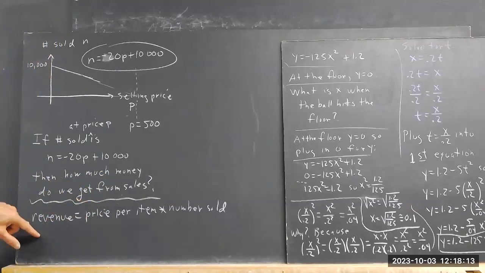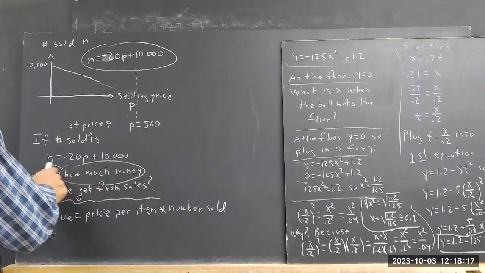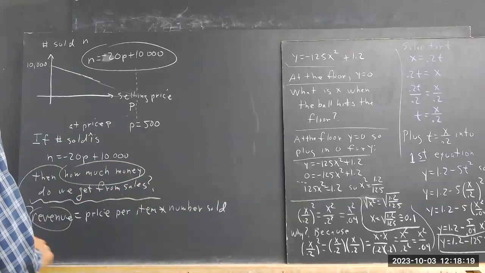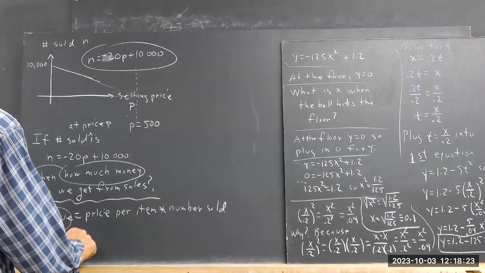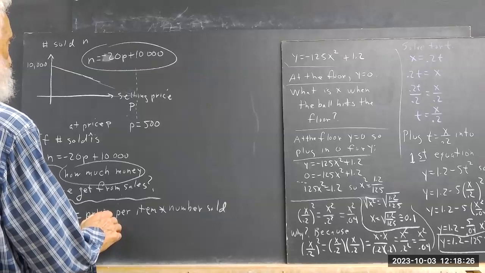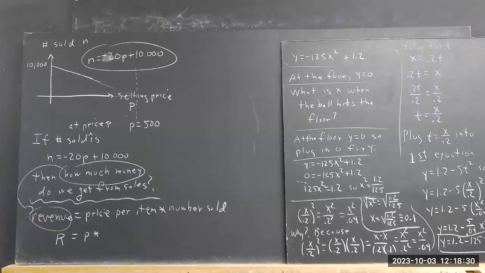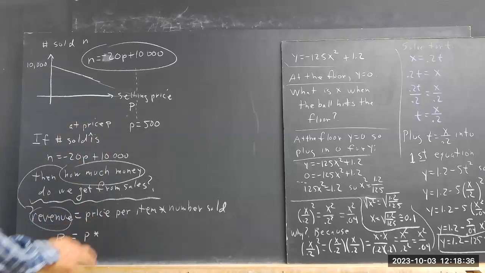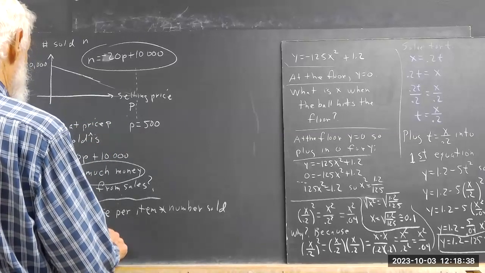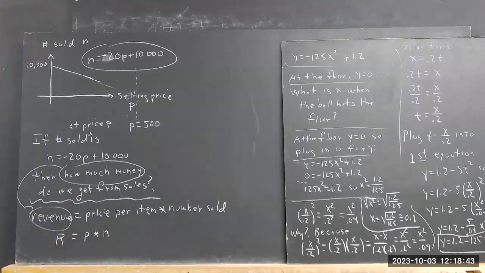Well, that's called revenue. How much money we get is revenue. So we're going to use R for revenue. Price per item is P, and that's our selling price, right? And we multiply that by the number sold. That's a very important model. N is the number sold.